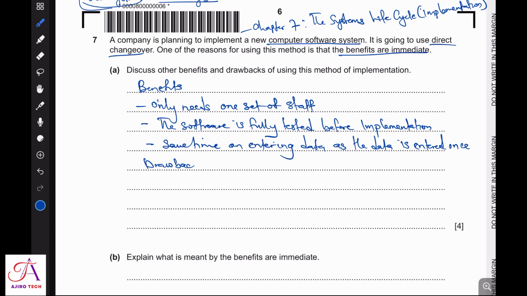Let's talk about the drawbacks. I think I've stretched this far enough. For the drawbacks, what are we looking for here? In case of a disaster, right? If the new system fails, there is nothing to fall back to.